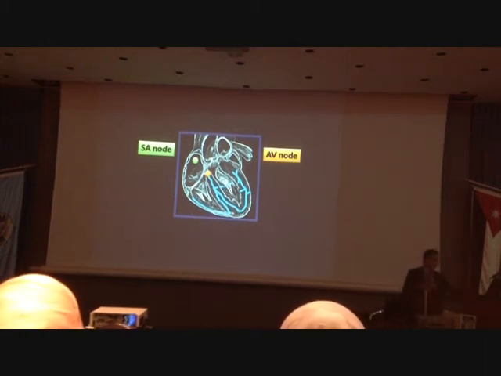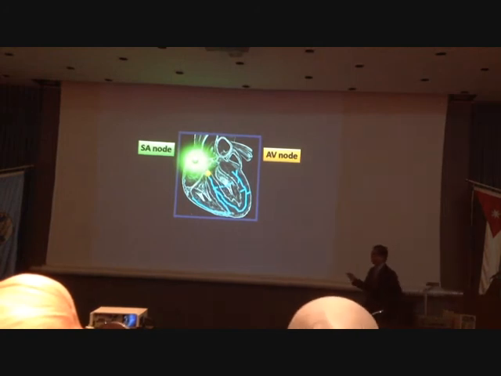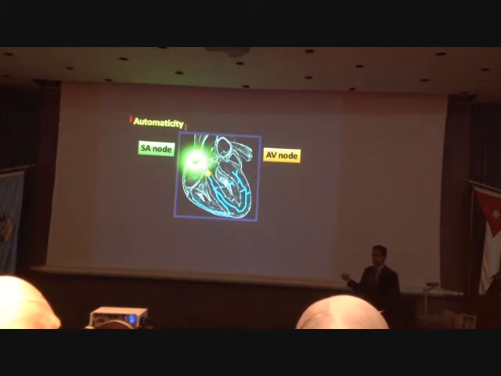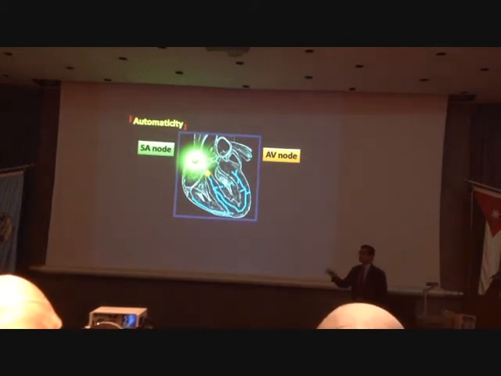Now, again, here's a summary. The SA node fires, and it has one major characteristic, being what? The pacemaker. And this is represented in physiology books as the automaticity of the heart. What does automaticity mean?